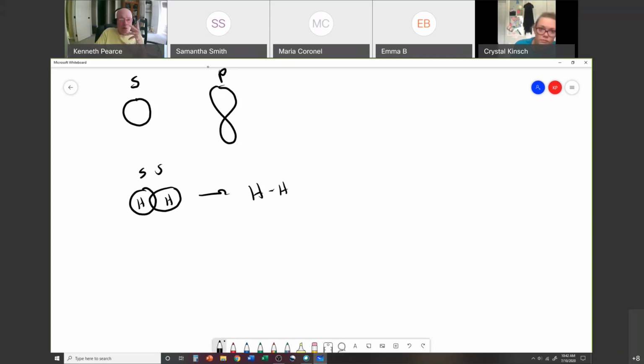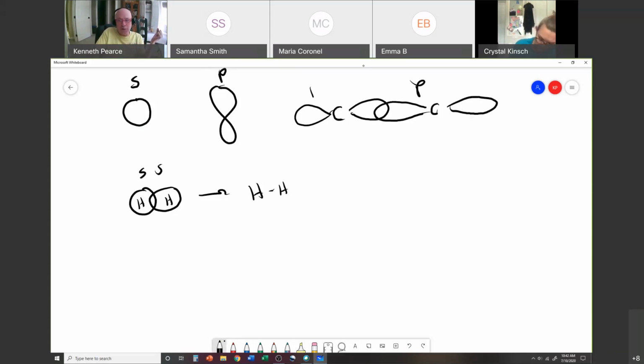Or you can take something that has p orbitals. Maybe the way carbons bond is that you take two p orbitals, with a carbon in the middle, and overlap them, because we're trying to explain how they bond in the first place. Here are two p's, and there's the overlap.